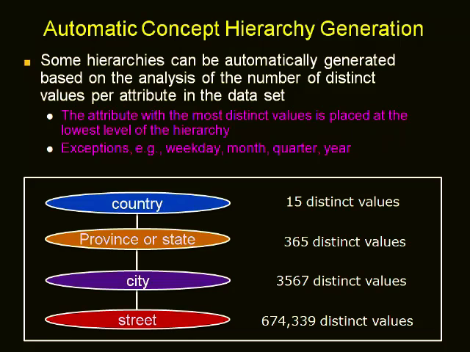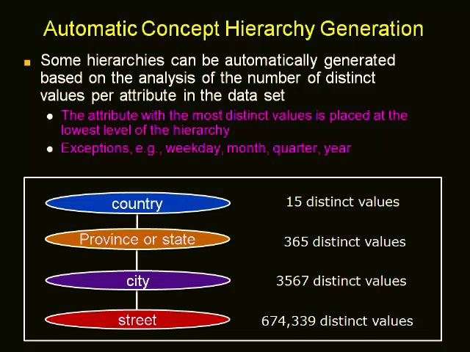For example, by analyzing the attribute values in a database over street, city, province or state, and country, suppose there are 15 distinct values for country, 365 distinct values for province or state, 3,567 distinct values for city, and finally 674,339 distinct values for street in your database.